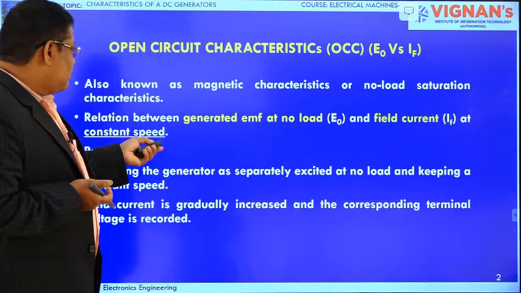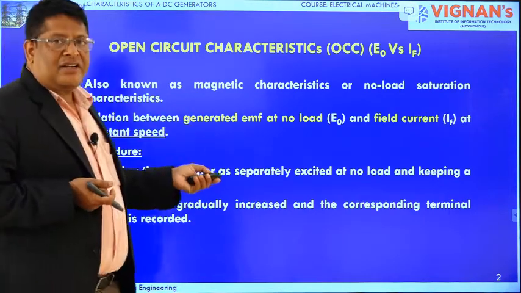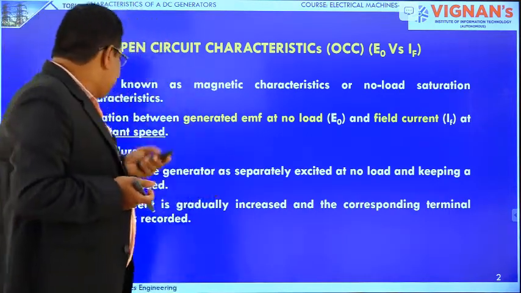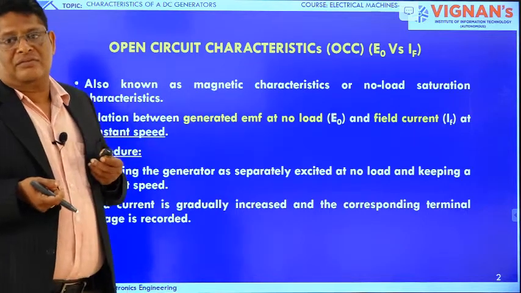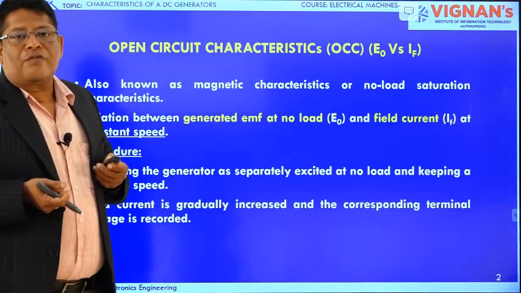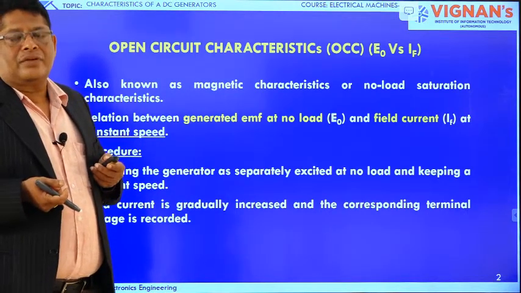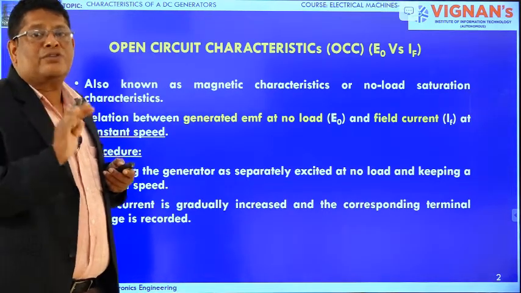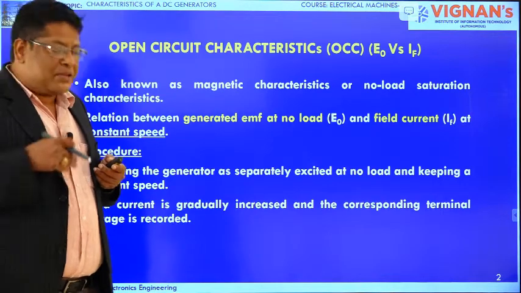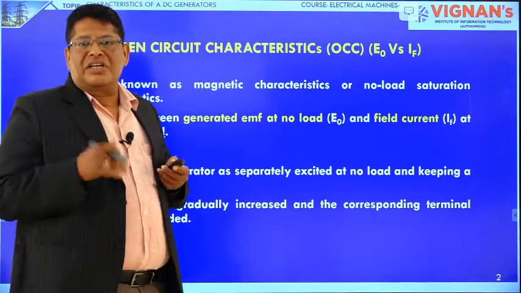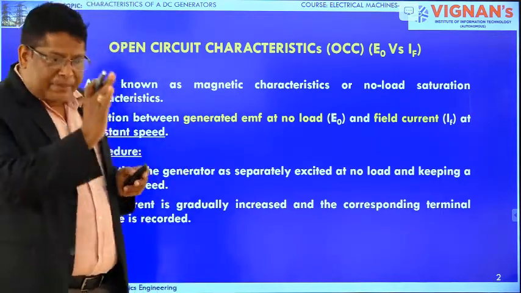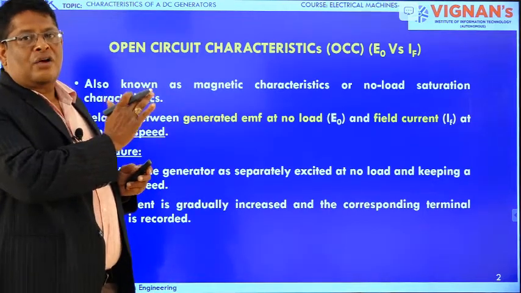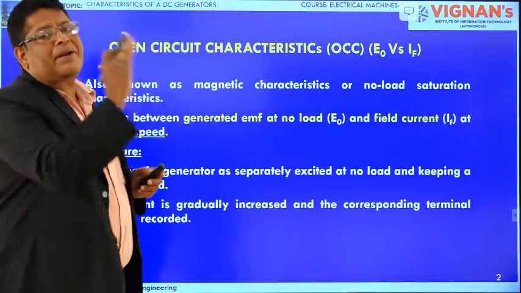Operate the generator as separately excited, no load, and keep the speed constant. The field current should be excited with a separate source. That may be a shunt generator or series generator, whatever it is, you separate the field winding and give it a separate DC supply.